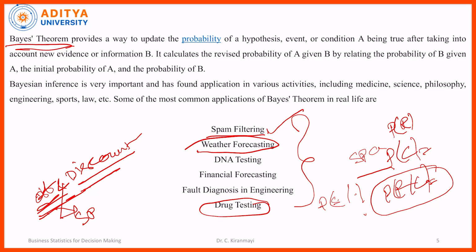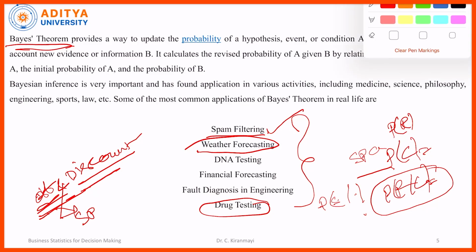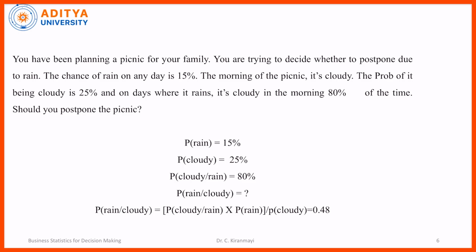Sometimes, though a patient has a particular disease, it doesn't mean that he is going to have a positive test result. So, if a patient has a disease, what is the probability of a positive or negative test result? That is how even in the healthcare industry we can make use of Bayes theorem.